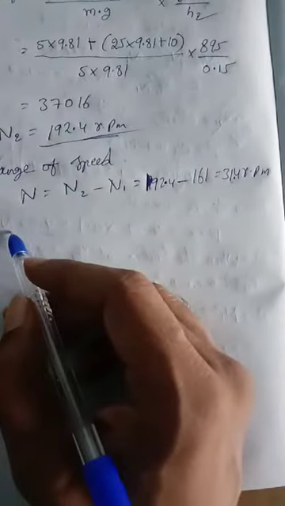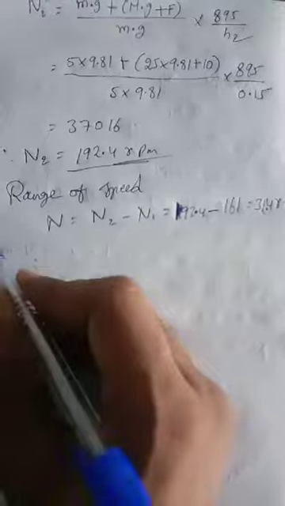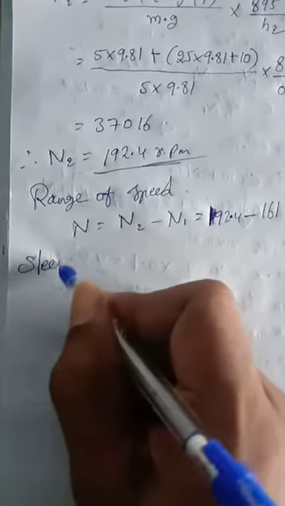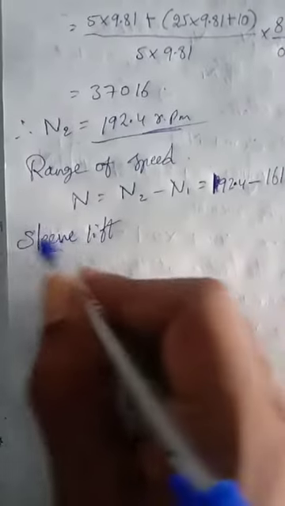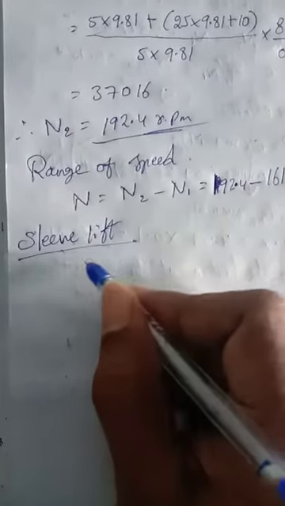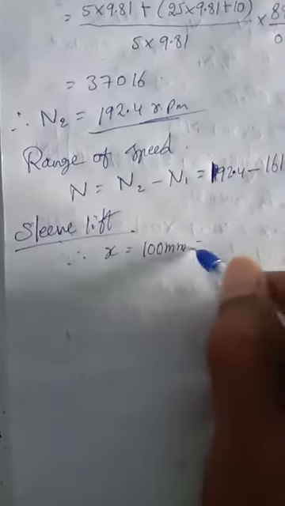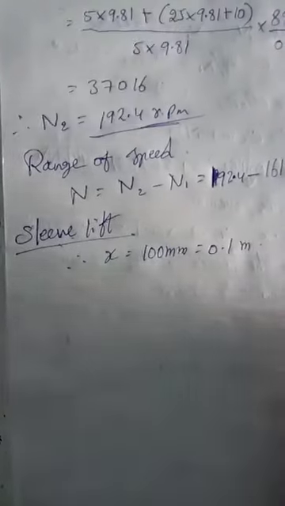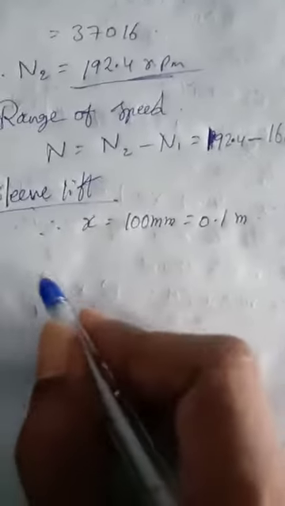This is the answer here. And now the sleeve lift. Therefore X is equal to 100 mm, that is 0.1 meter. Why? Because the sleeve lift X will be the same as calculated above.